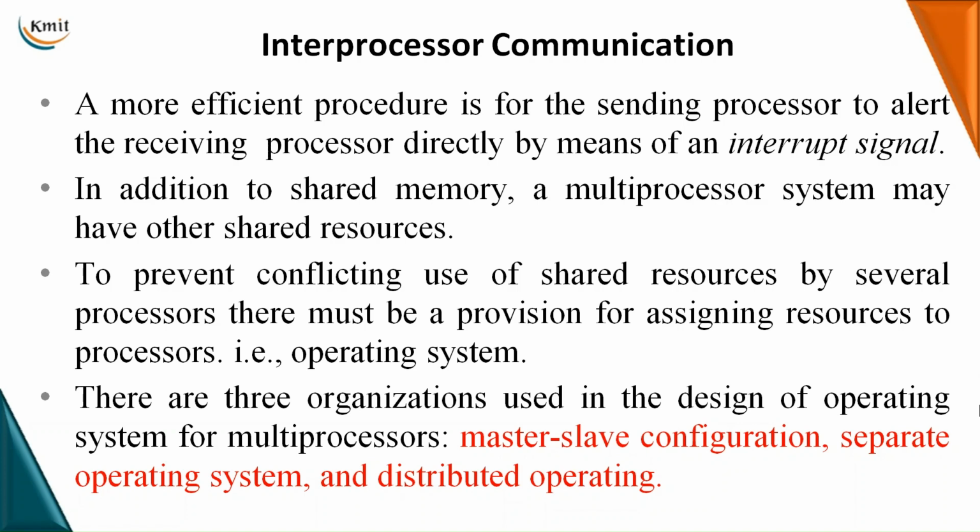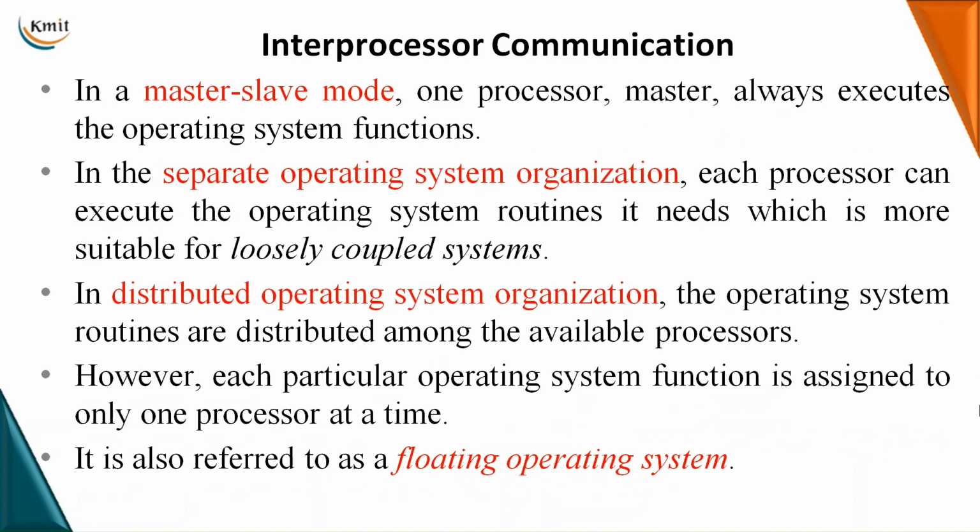Coming to the master slave mode, only one processor acts as the master among multiple processors, and all the remaining processors act as slaves. The master's job is to always execute the operating system functions, whereas the slaves are responsible for executing all the remaining user defined functions.